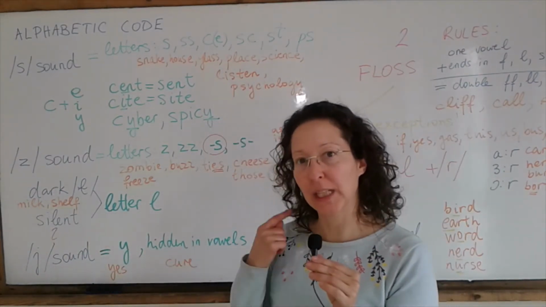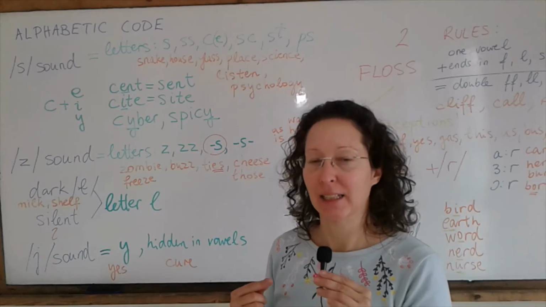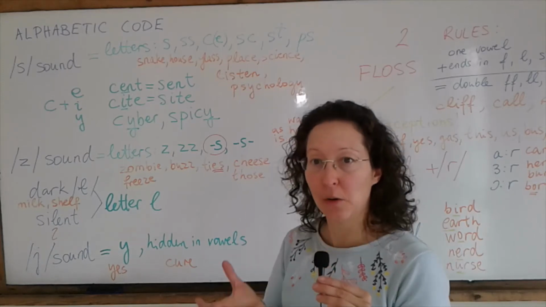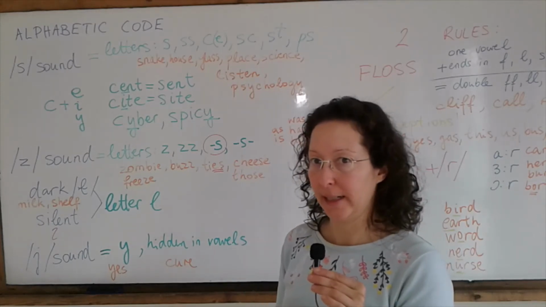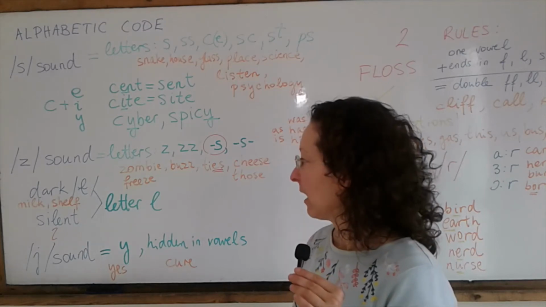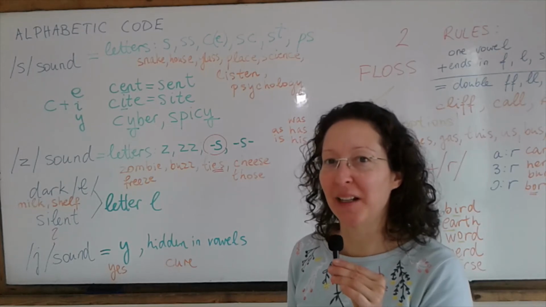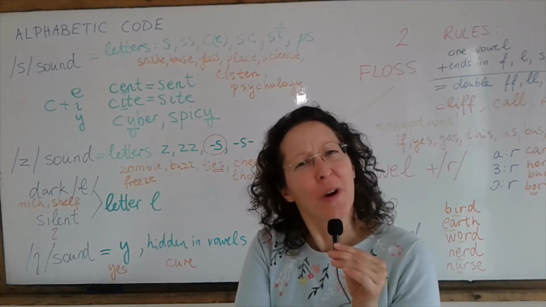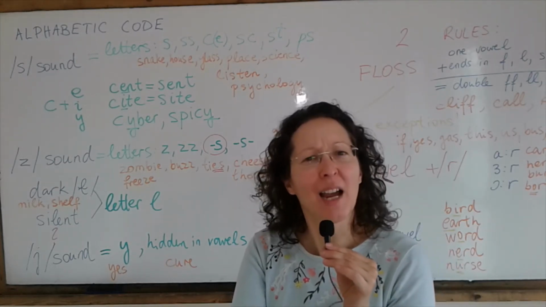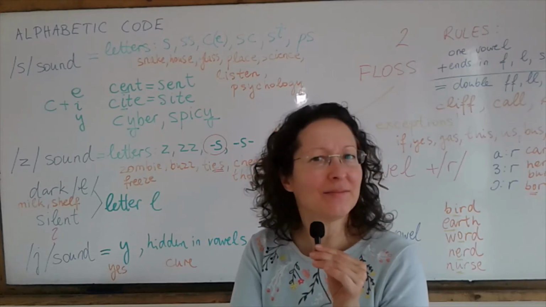You see, I don't say L. I say O. So I bring it a little bit back. However, the letter L can be silent as well. Do you know any words with the silent letter L?